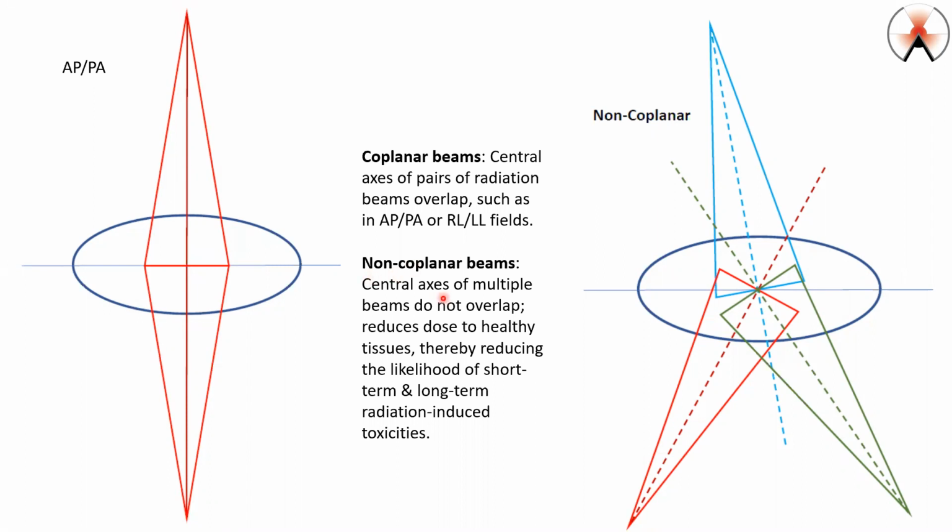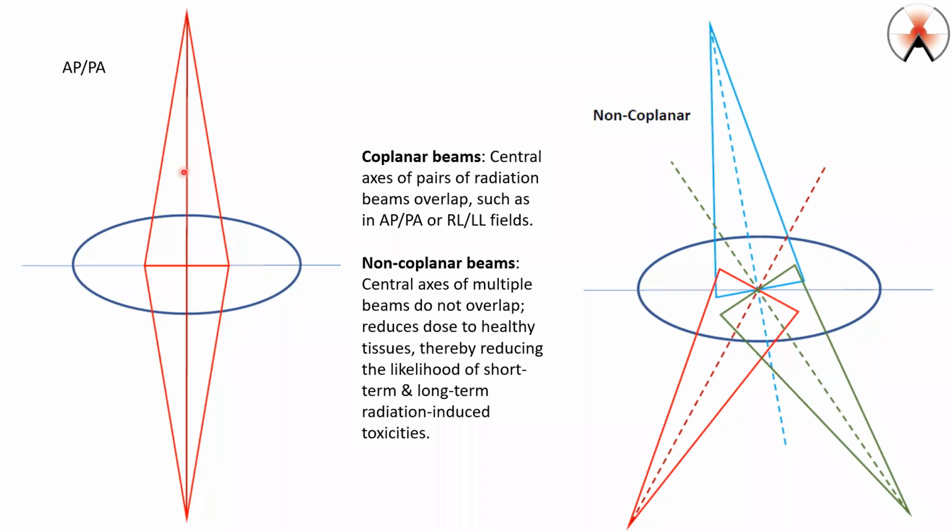Non-coplanar beams, and this is what we use most often in most treatment plans, means that you have multiple beams, and notice that your central axis of each of these beams do not overlap with each other. The importance of this for patient care is that you are reducing dose to healthy tissue.